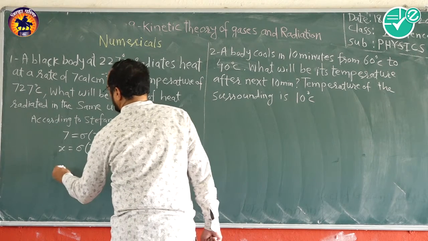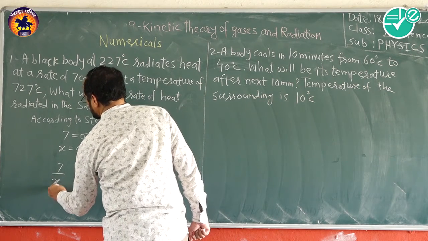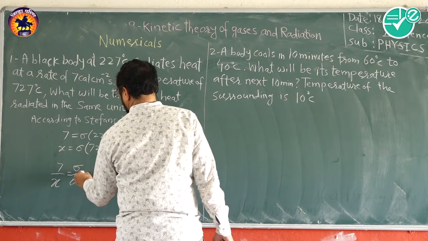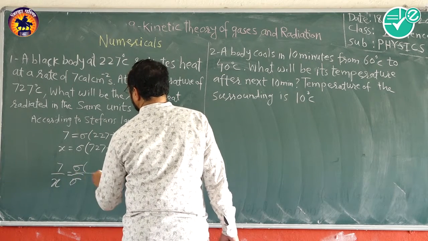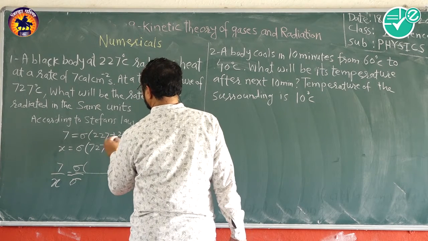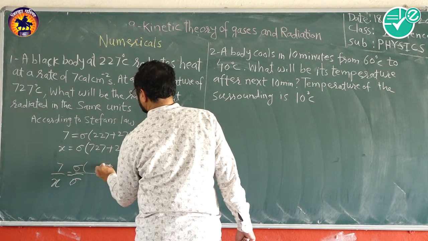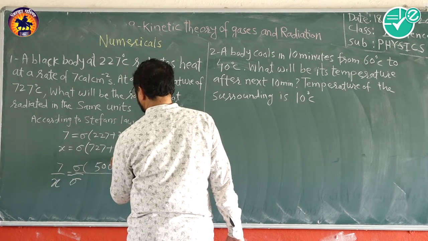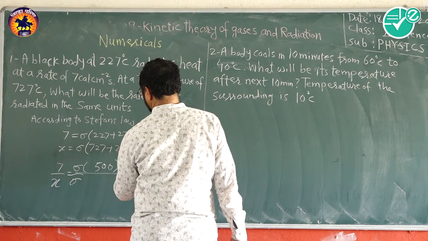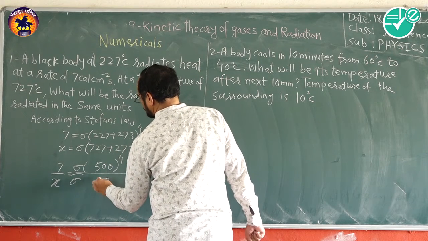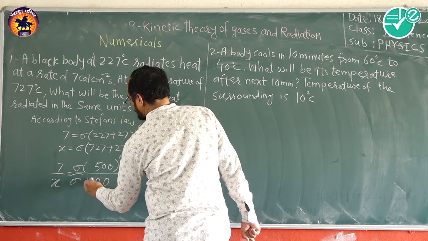If we divide, 7 by x is equal to sigma upon sigma, and if we add, it will be 500 and here it is 1000.